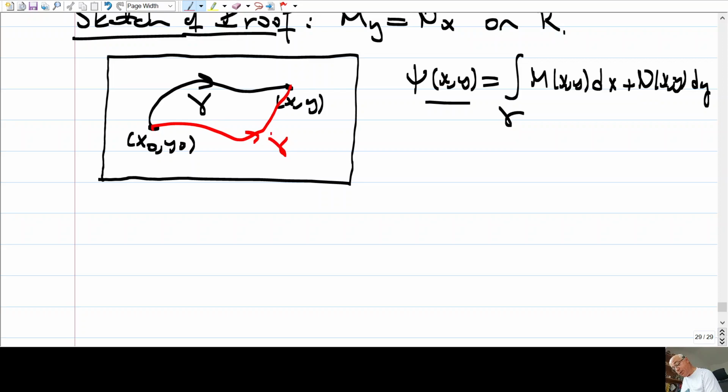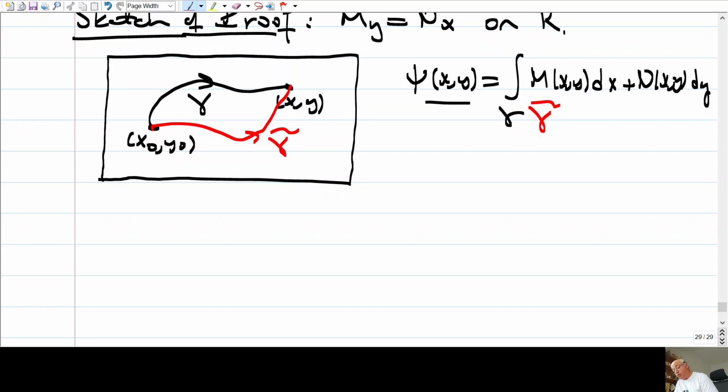Let's say gamma tilde, and use this path to compute the value of the function. If I write gamma tilde here, would it give us the same answer? If I get a different value, then this function wouldn't be well defined, because depending on the choice of the path, you get different answers.